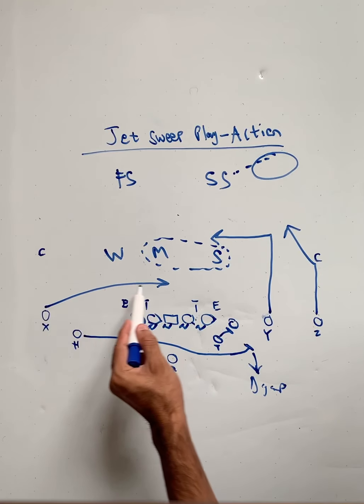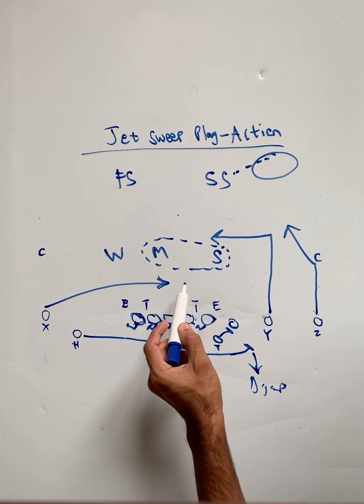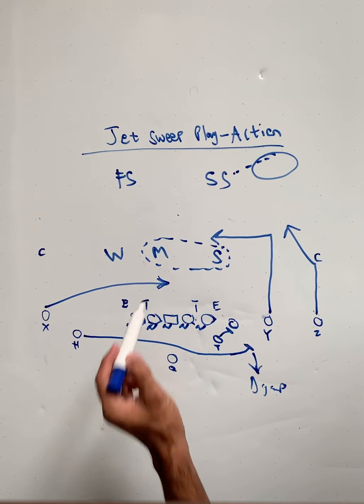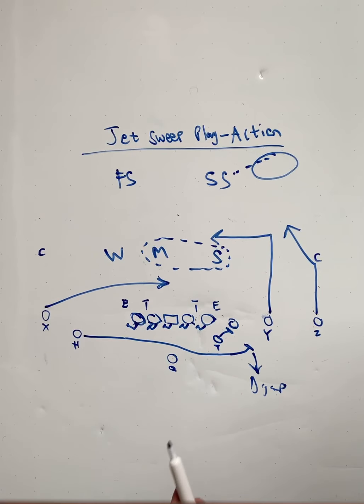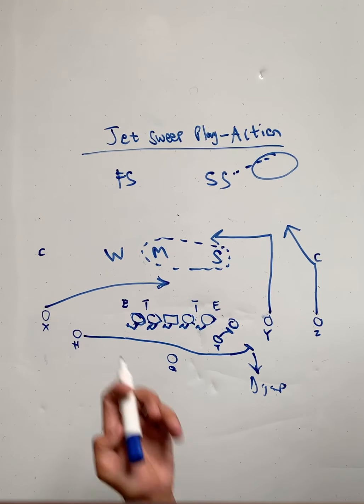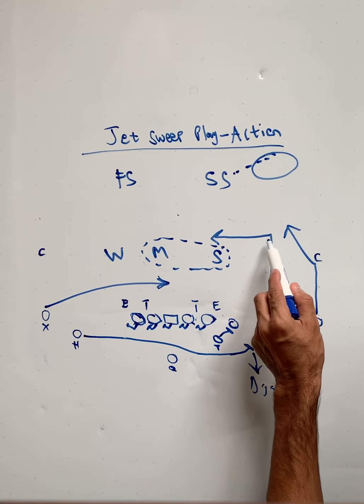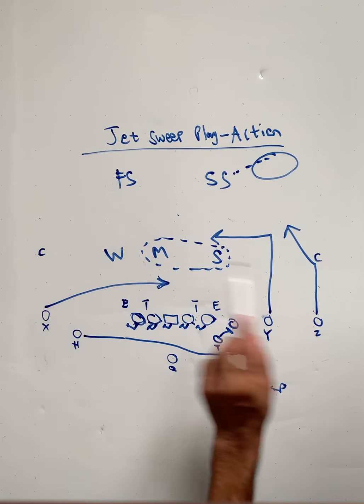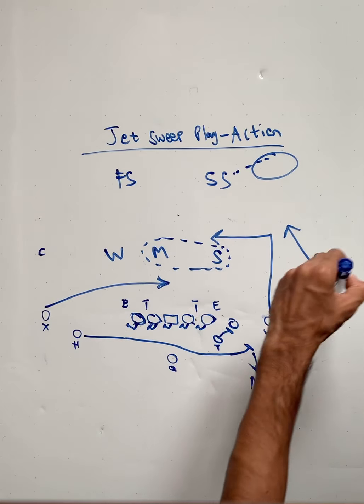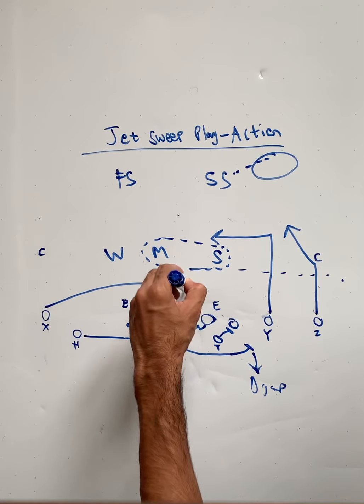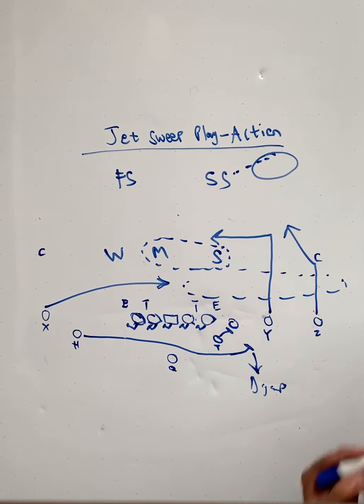But then you got this shallow cross coming underneath. And if the Will follows him, I would think it's a favorable matchup, a linebacker against maybe our best receiver. Maybe he's a quick receiver, a speedy receiver. He's coming across. If the dig takes the intermediate level off the Mike and the Sam, miscommunication, they both go with the dig. Well, congratulations, you got this whole space waiting for the shallow cross.